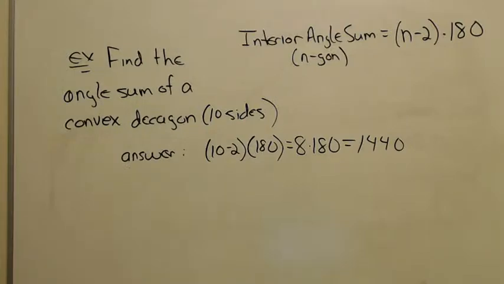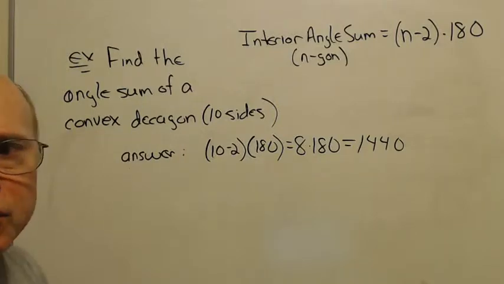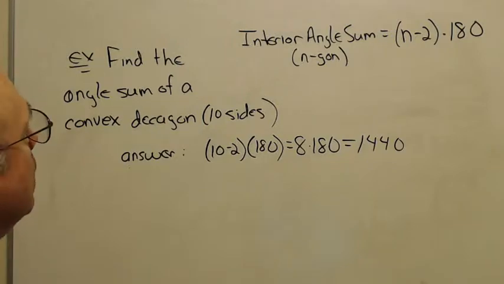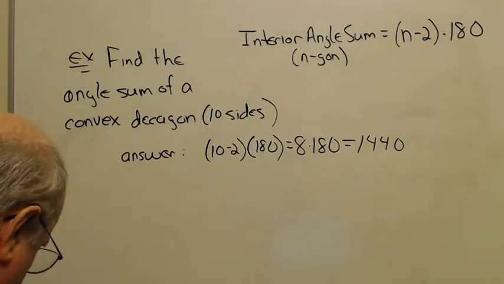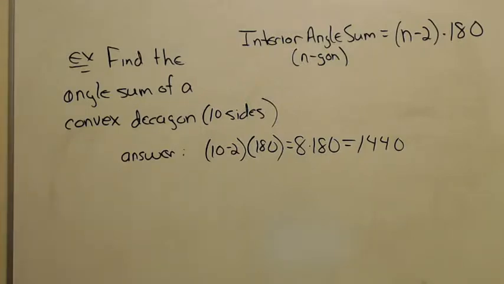Now, what if we wanted to know what the interior angles were, each one, if the polygon had all interior angles the same? Well, the type of polygon that has all interior angles the same and all sides the same is called a regular polygon.